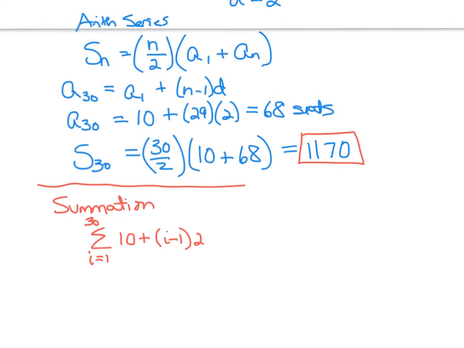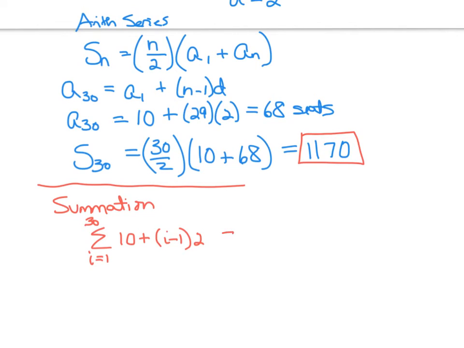Notice that it works out really nicely when I is equal to 1. 1 minus 1 gives me 0. 0 times 2 tells me that no seats were added on to the first row. If we're looking at row number 30, 10 plus 29 times 2 was really that 68 that I found to be the 30th row of the auditorium.